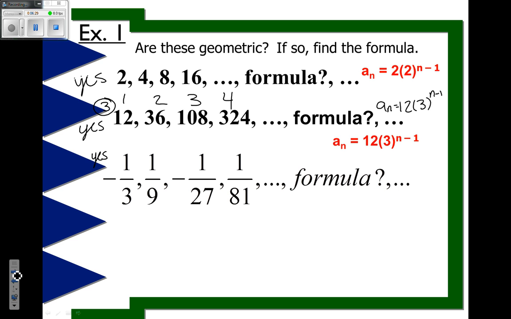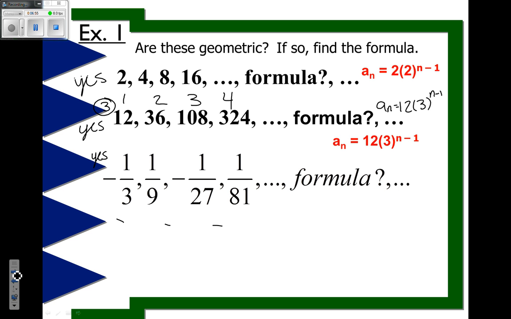What is 1/3 divided by negative 1/3? Okay, sign-wise, what's a positive divided by a negative? Negative. What's a negative divided by a positive? Negative. So either way, when I divide, all of my signs are going to come out to be negative.